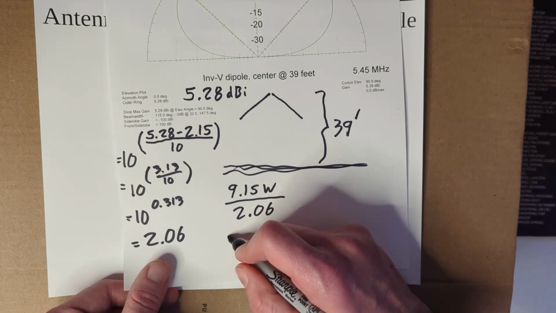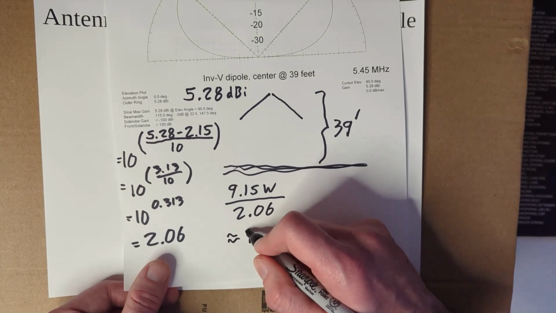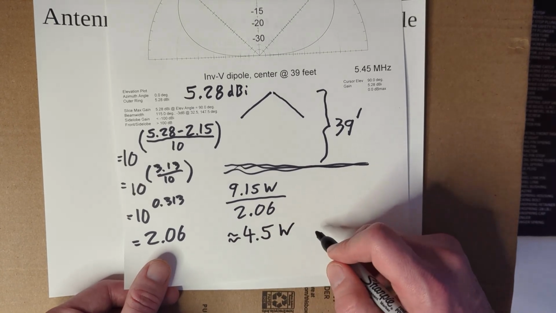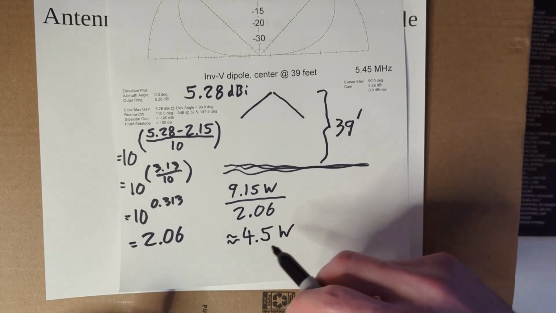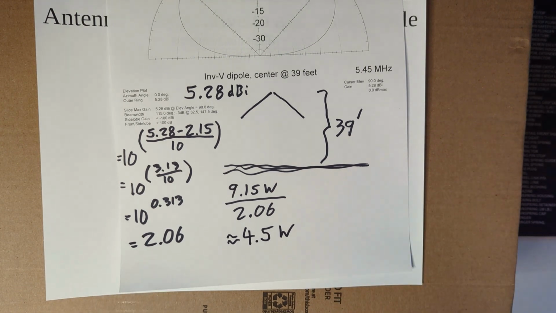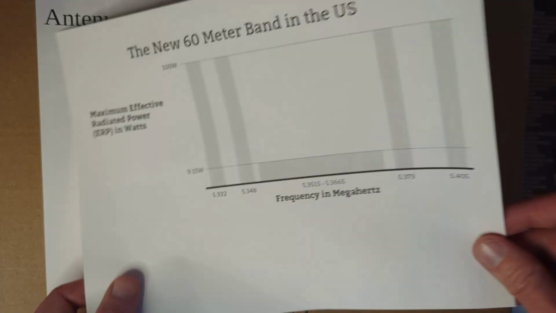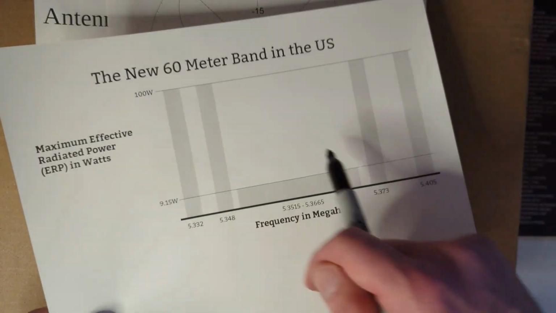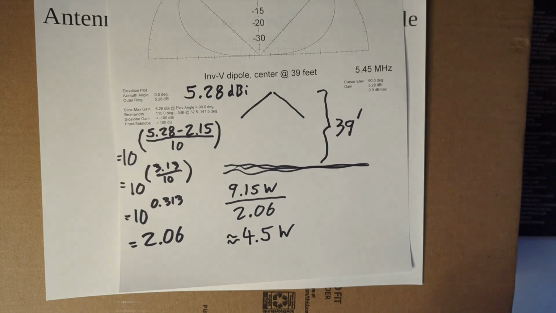That takes us down to about 4.5 watts. That's the maximum power we can set our transceiver to and use it on the 15 kilohertz wide band here. We of course can set it to higher power for one of the 2.8 kilohertz wide channels.